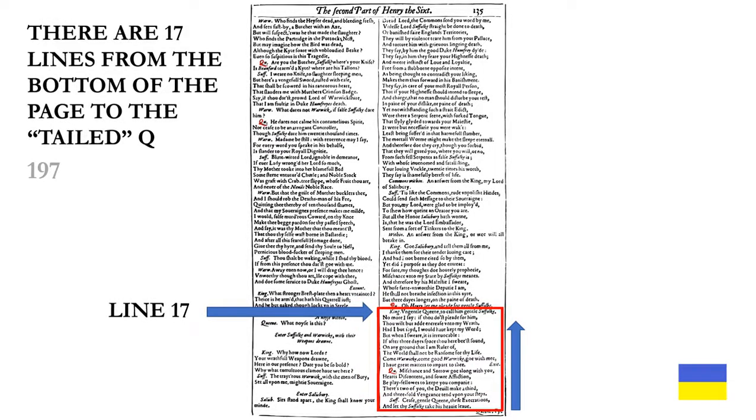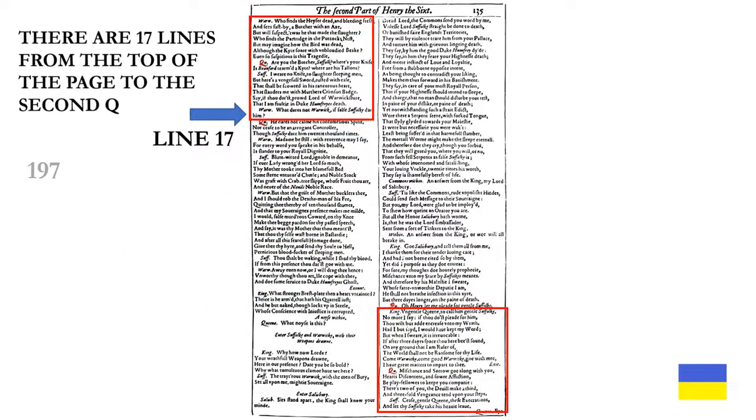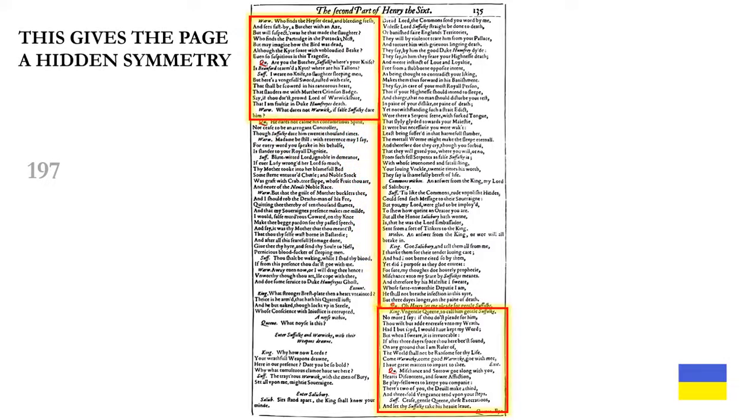There's something interesting as well. There are 17 lines from the bottom of the page to the tailed Q. It's the second Q in the right-hand column from the bottom. In the left-hand column, there are 17 lines from the top of the page, also to the second letter Q. This gives the page a hidden symmetry. Here is a weird coincidence.